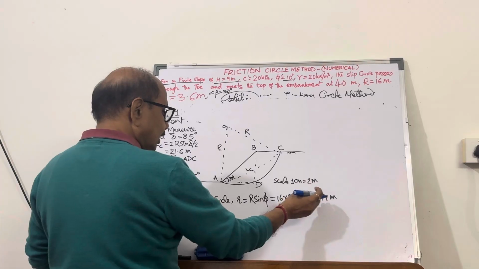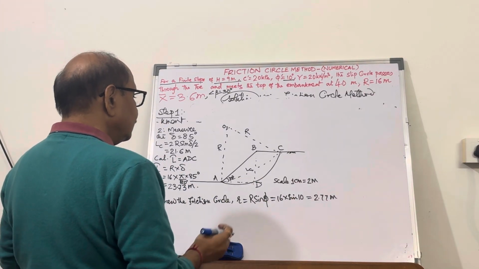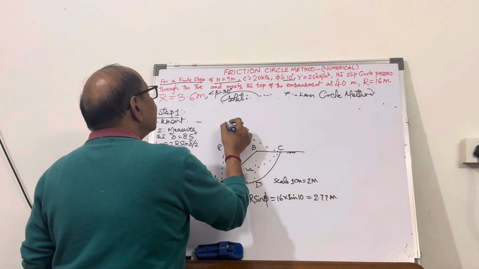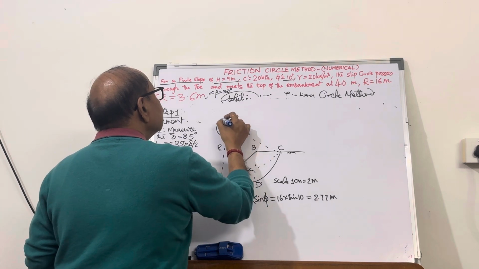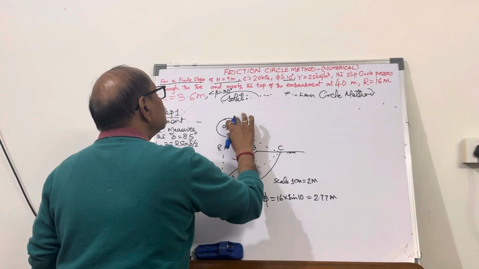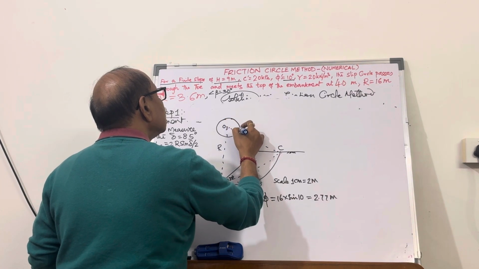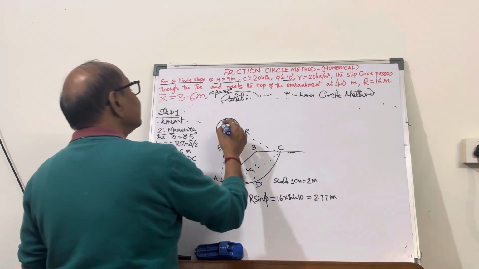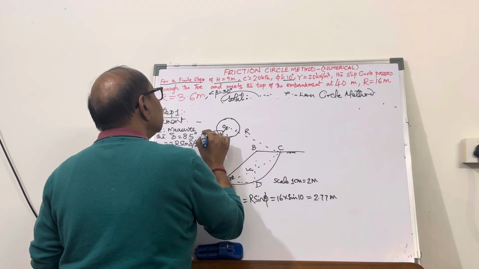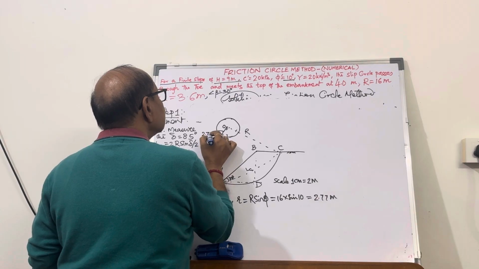Taking that, it becomes 1.38. So you can draw a friction circle. The radius of this friction circle is going to be 2.77 meter.